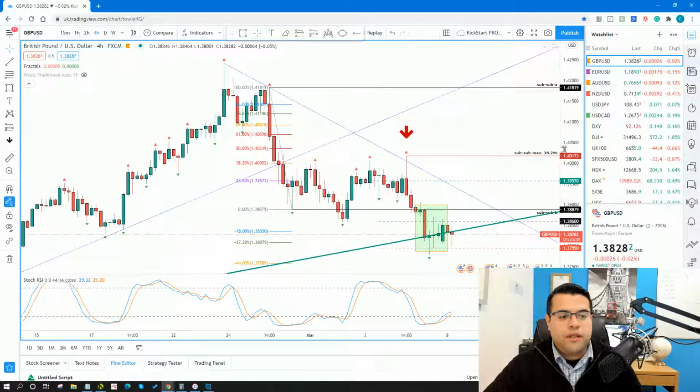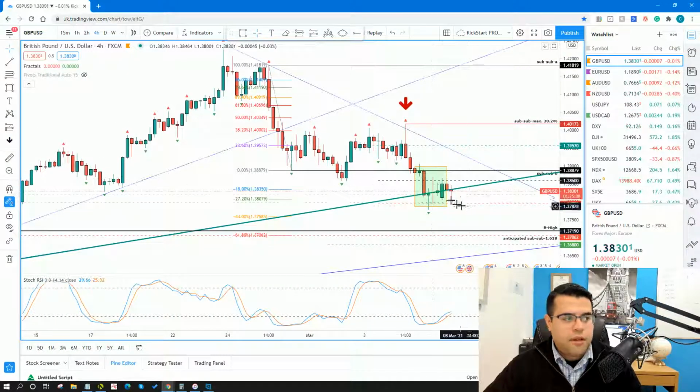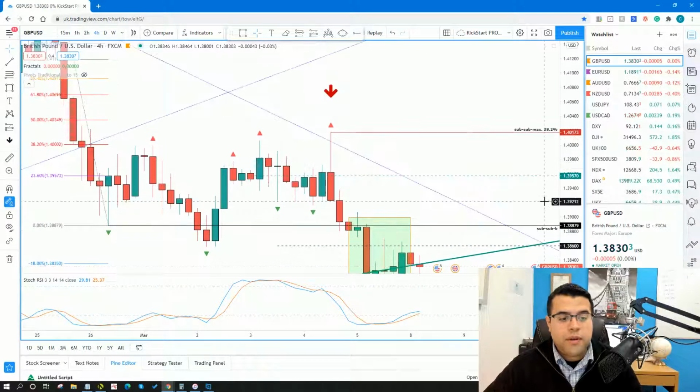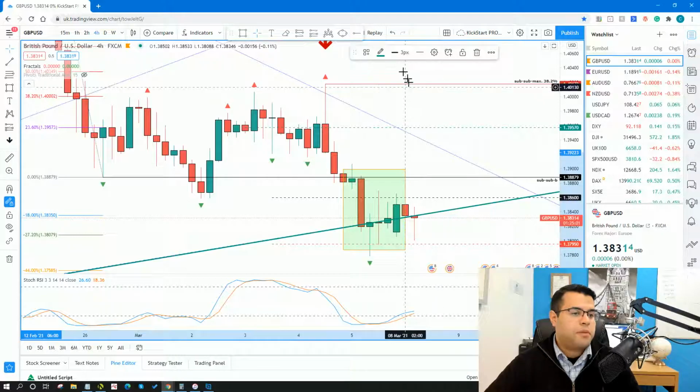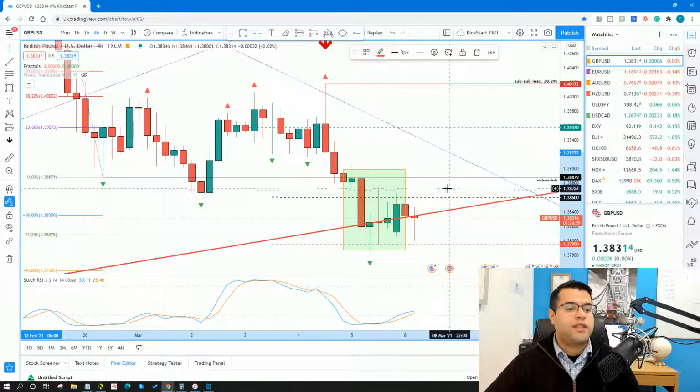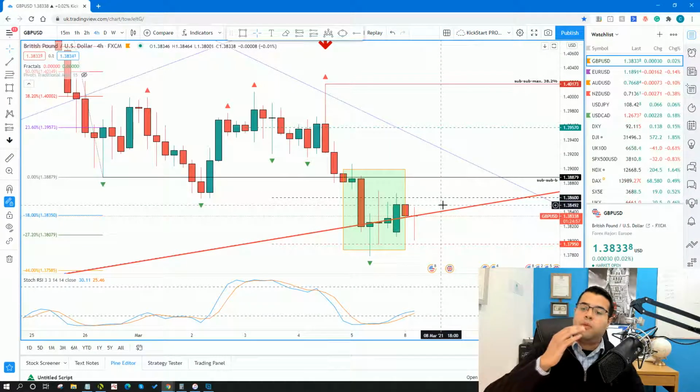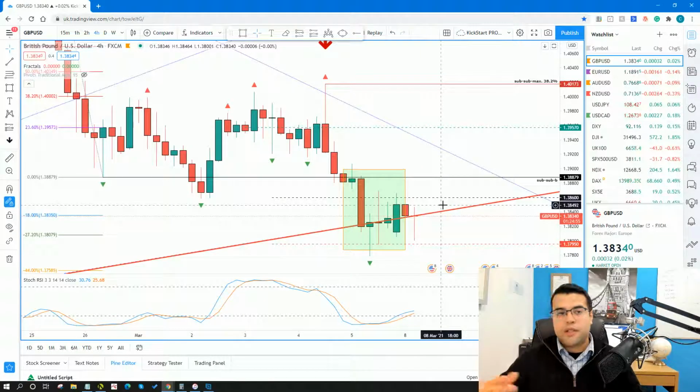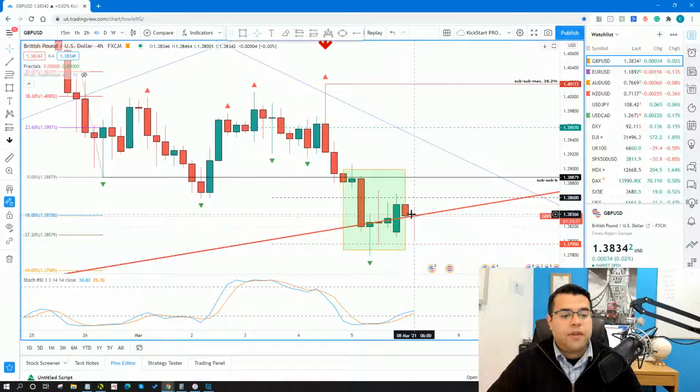Now, as we start the week, pound dollar has broken back below the trend line, and so now that we're back below the trend line, I should be anticipating that this is now resistance again, right? What was support becomes resistance, what was resistance becomes support. Again, that's as long as the market remains below.